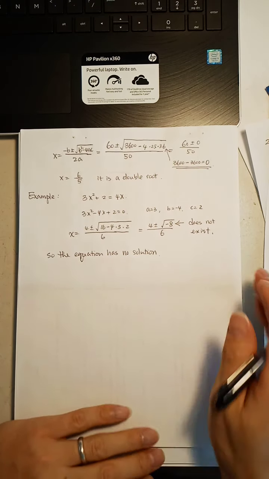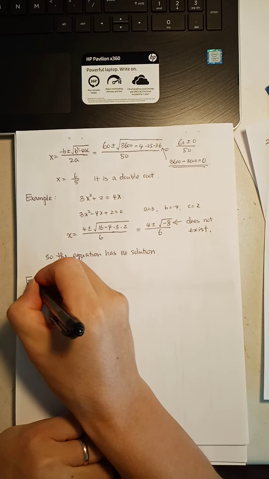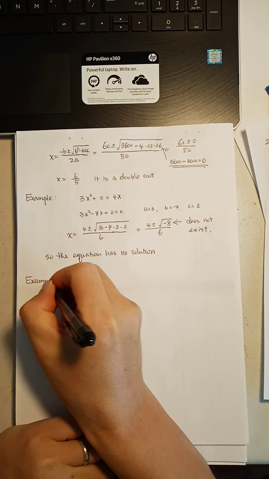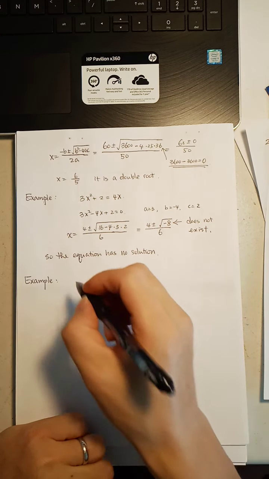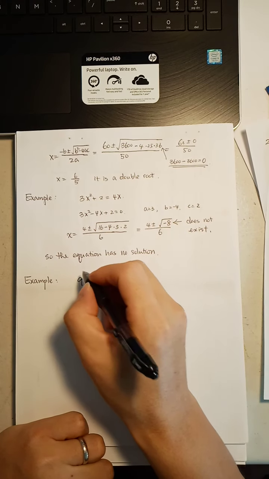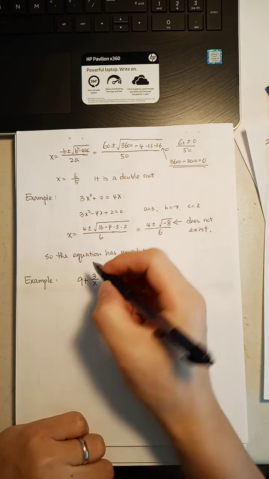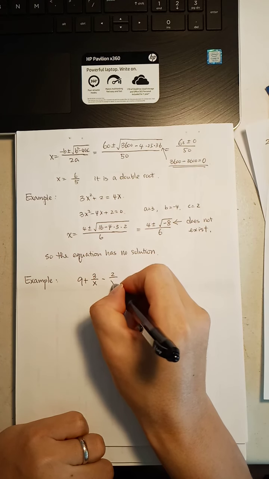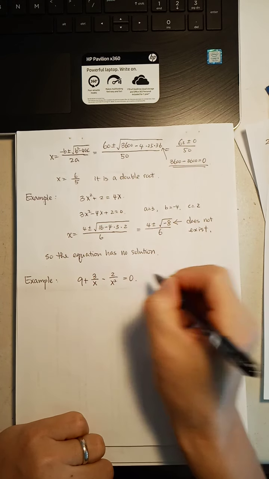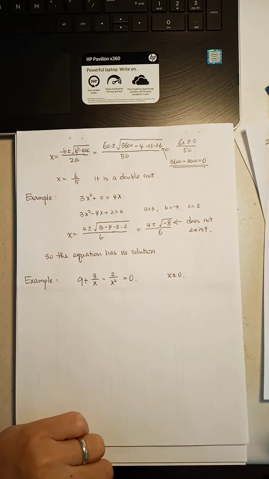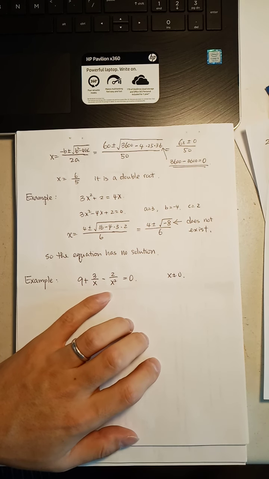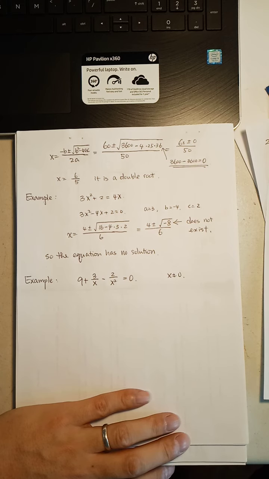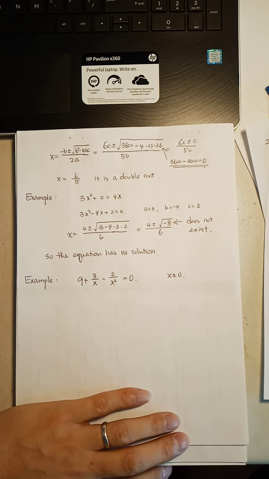Okay, another example. We're trying to understand the strategy based on examples. Sometimes your equation is not that close to a quadratic equation. It looks like 9 plus 3 over x minus 2 over x squared equals 0. x is not 0, since the denominator is not 0.